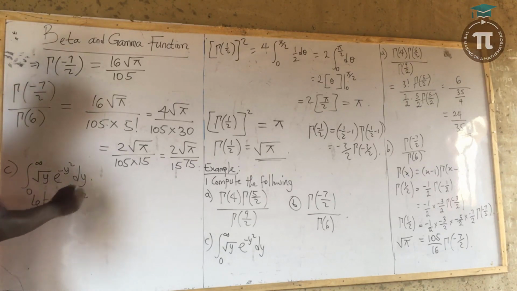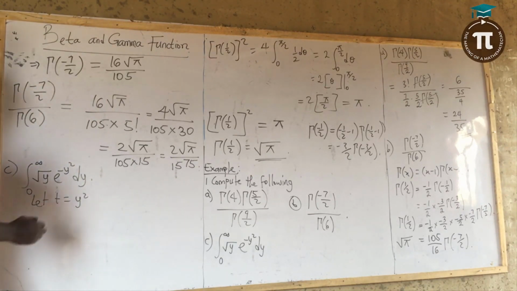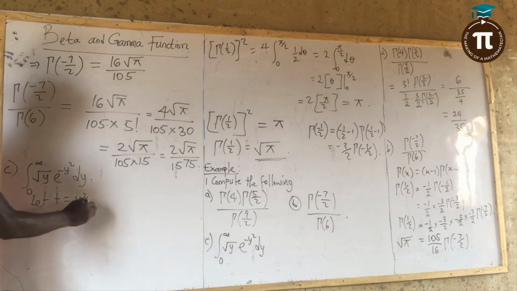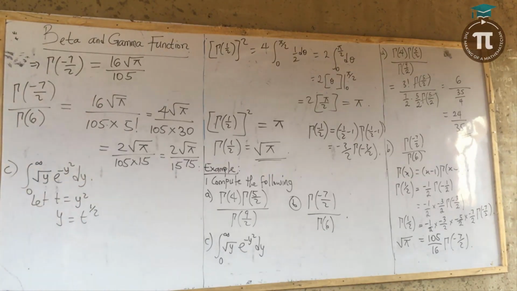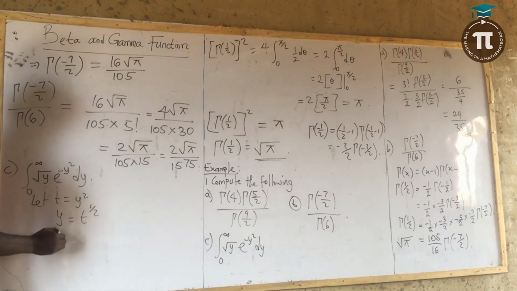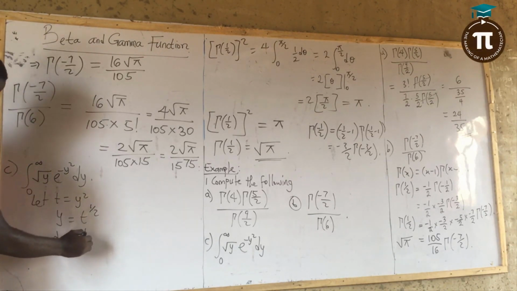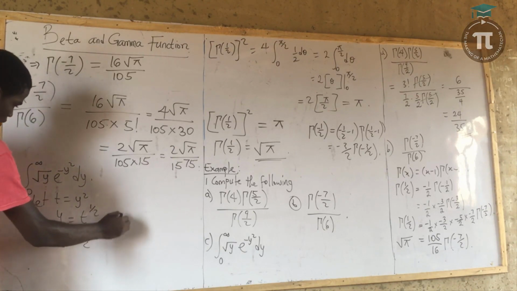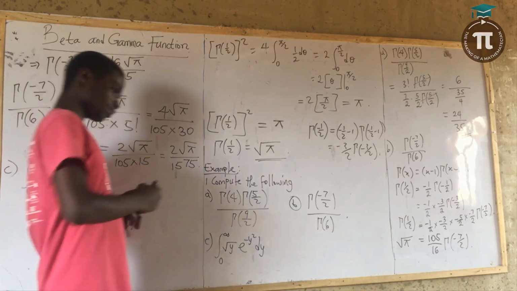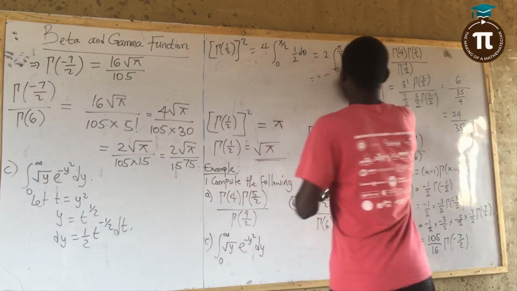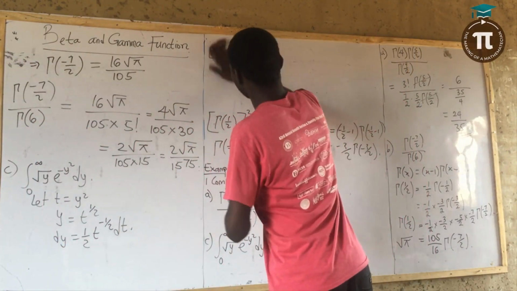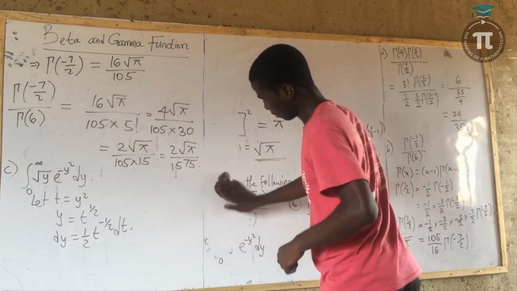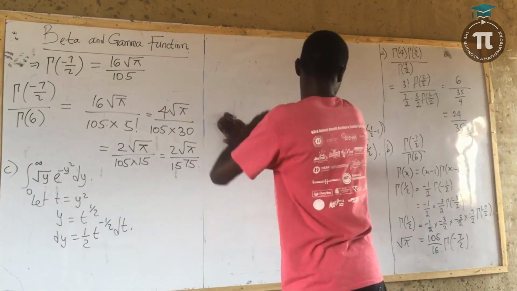Let t be equal to y squared, so that y will be equal to t raised to the power of 1 over 2. So dy will be equal to 1 over 2 t raised to the power of minus 1 over 2 dt.